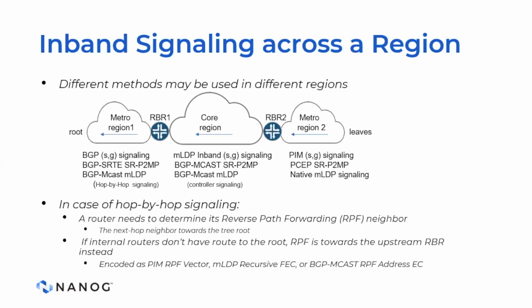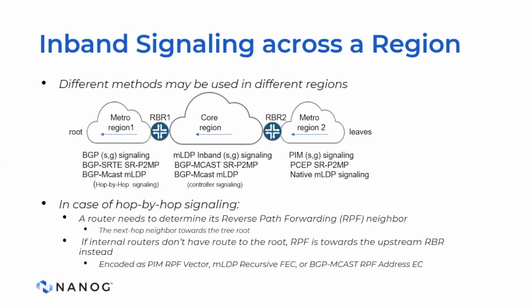When it comes to core region, we're doing MLDP in-band signaling. We'll have one MLDP tunnel for each of those IP multicast trees. And when it comes to metro region 1, we switch to BGP signaling, and whether it's controller-based or hop-by-hop signaling.